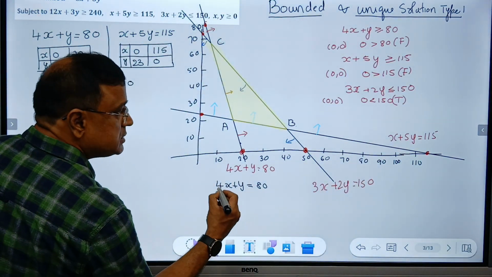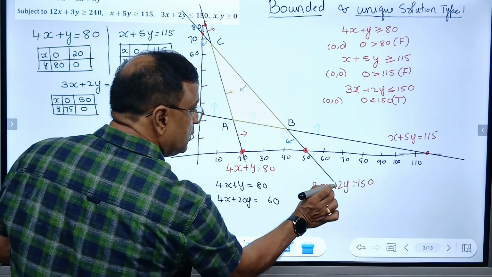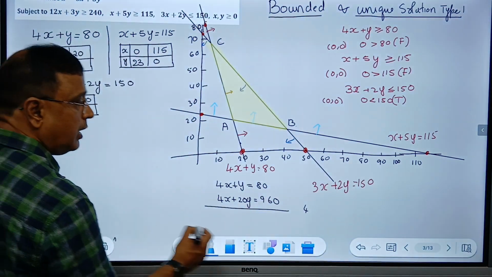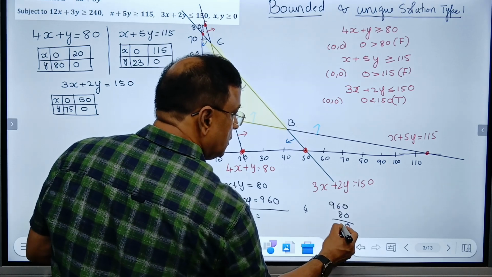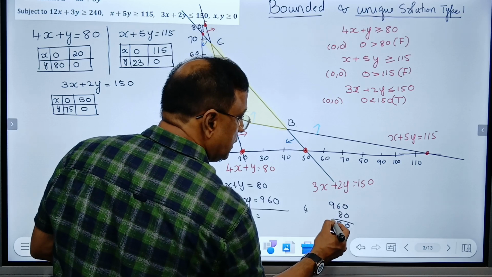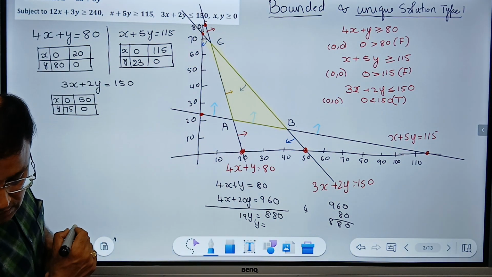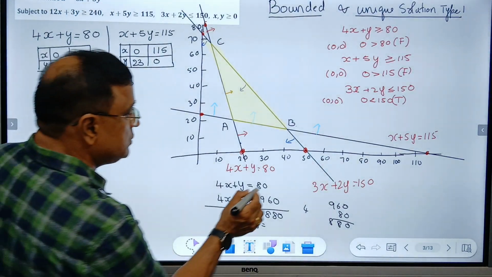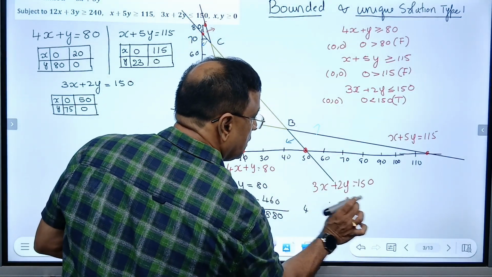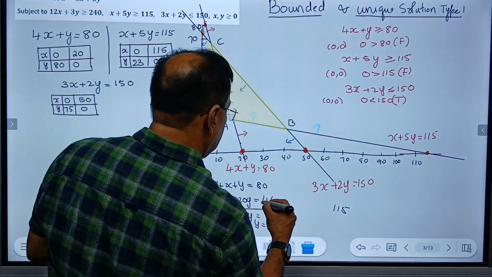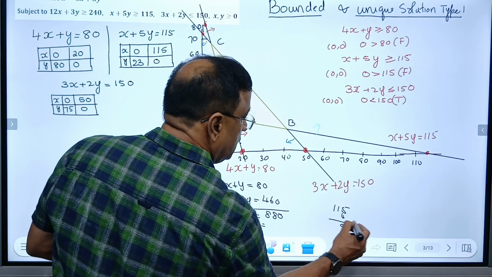This is 4x plus 20y equal to 460. Multiplying it by 4, 115 multiplied by 4 is 460.